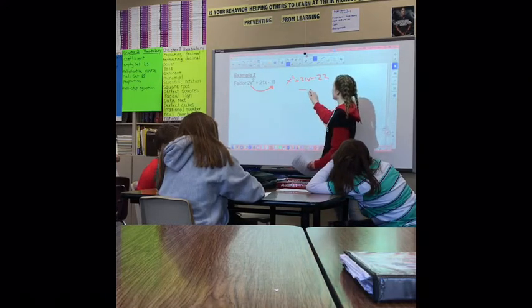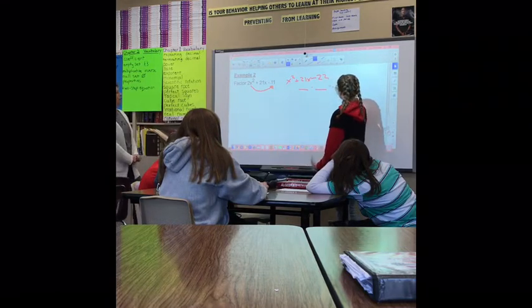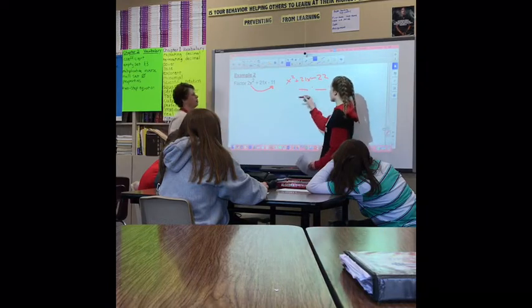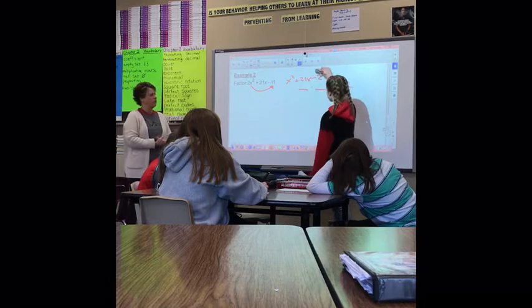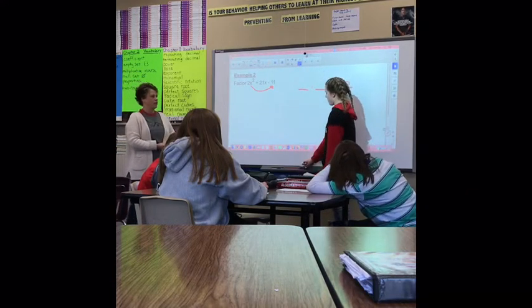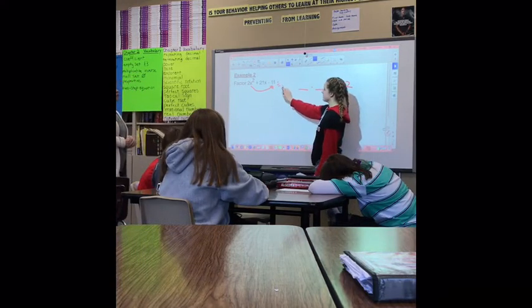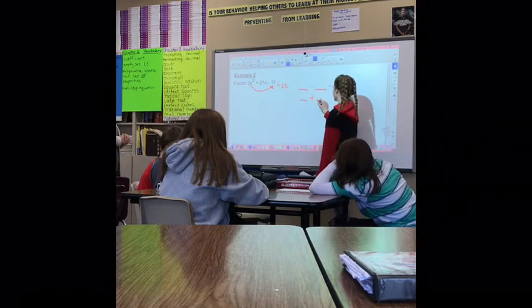Then you do this times this equals negative 22. But you can't put the 22 right here, it's not your third term. But you can use your negative 22. That gives you negative 22. Then you do answer times answer equals negative 22, and then answer plus answer equals 21.